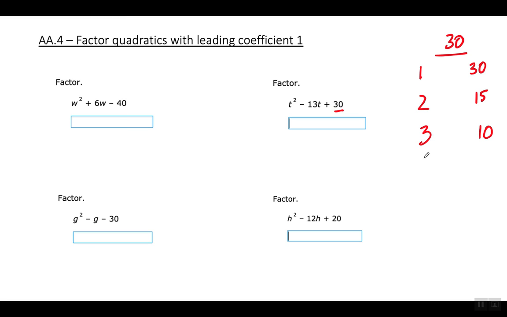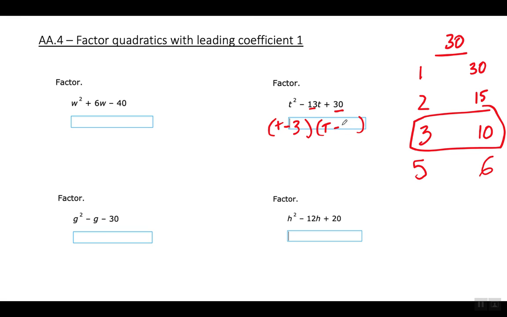From these possible combinations, the only ones you can combine to get 13 are the 3 and the 10. So my answer is two parentheses with a T at the beginning, and two numbers that you multiply to get positive 30 but add to get negative 13 would be negative 3 and negative 10. When I multiply them, I get positive 30, but when I add them, I get negative 13. So that's my answer for that one.